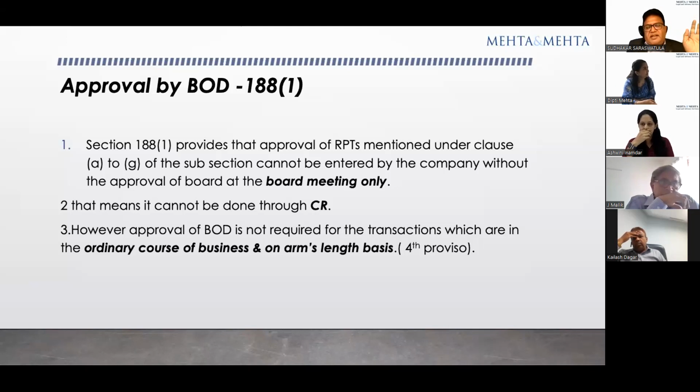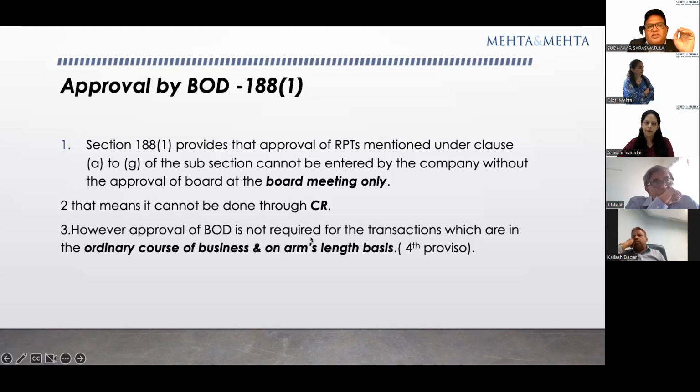But listed entities or listed companies have to comply with the provisions of the Companies Act as well as listing regulations. As Rupal has rightly mentioned, no doubt about it, listing regulations talk about only audit committee approval and shareholders approval. They don't talk about the board approval. That's what her question is.